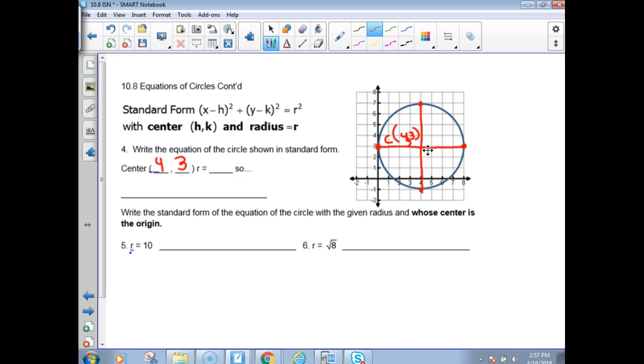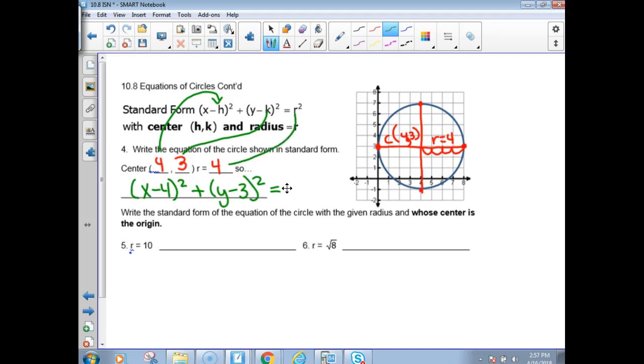Then you can count your radius by counting over 1, 2, 3, 4 from the center. So r is 4. So what I'm going to be doing is putting in 4 for h. So I'll start off with x minus 4 quantity squared plus, I'm going to put in 3 for k, y minus 3 quantity squared equals, and I'm going to put in 4 for r.